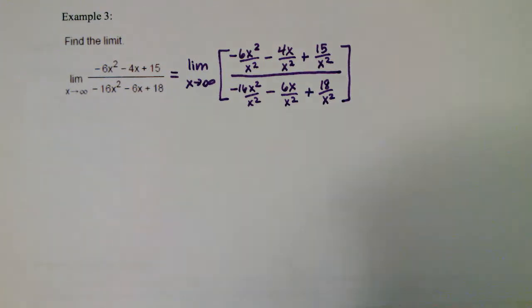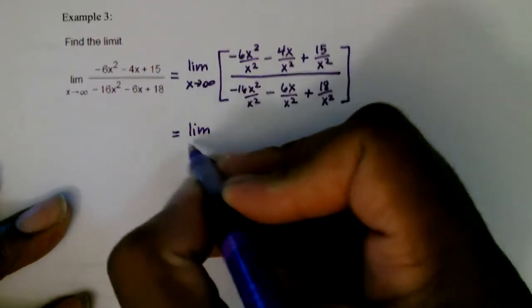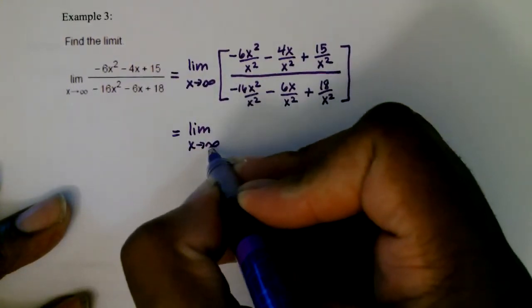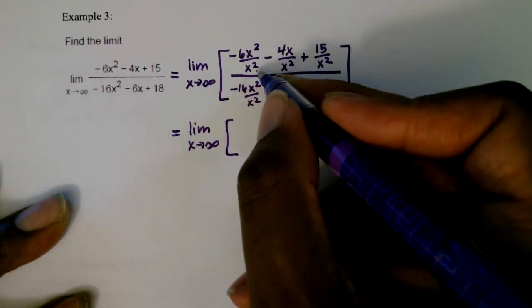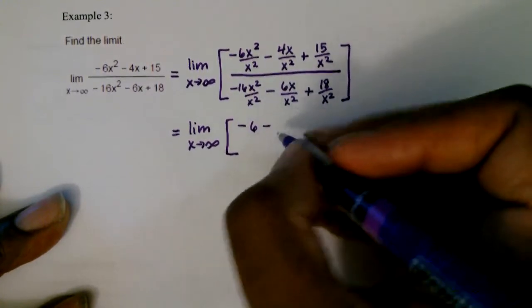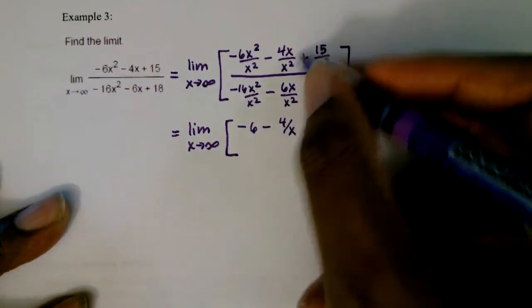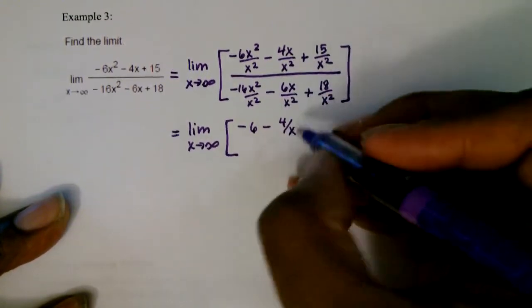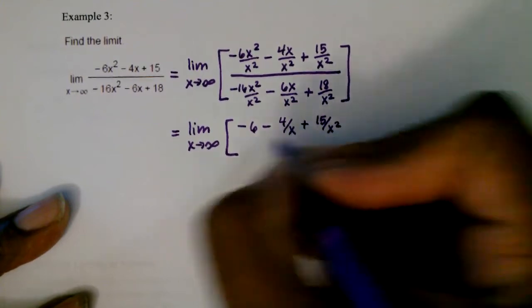Okay, now if I simplify this, bring down the limit as x approaches infinity, negative 6x squared divided by x squared will be negative 6. Minus 4x divided by x squared will be 4 over x, because one of the x's divides out, plus 15 over x squared.